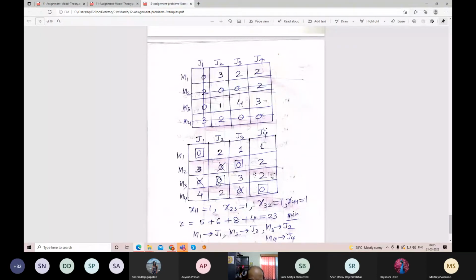In the third column, this is the second row we have assigned, and the third column there is an assignment, and the fourth column there is an assignment. As a result, we have an assignment in all the rows and all the columns. So the minimum assignment is equal to 23 units.